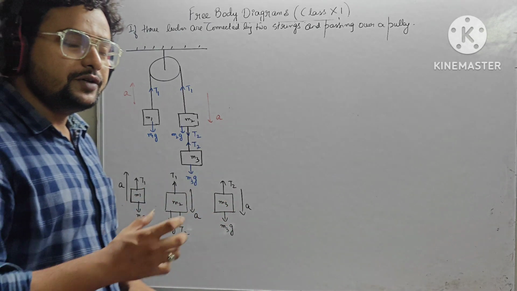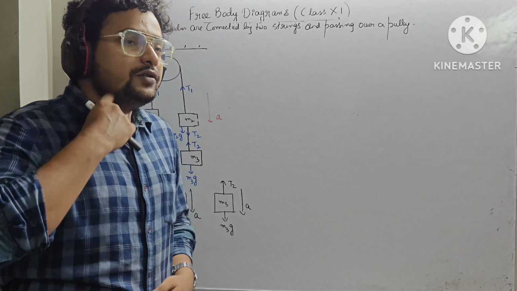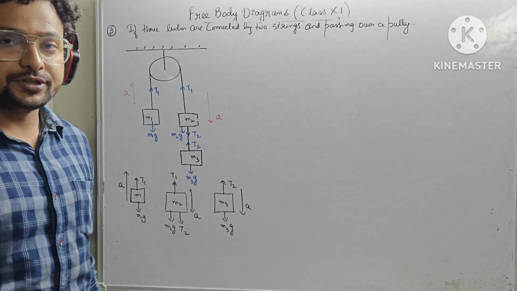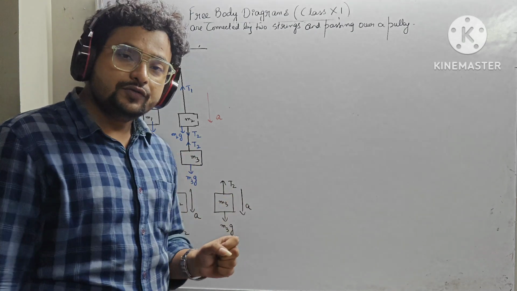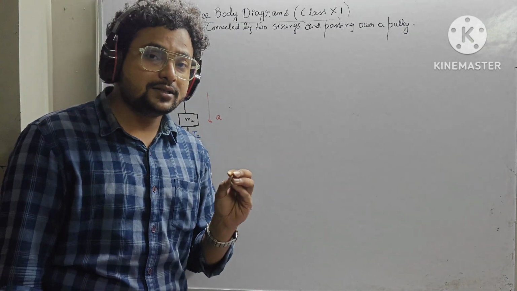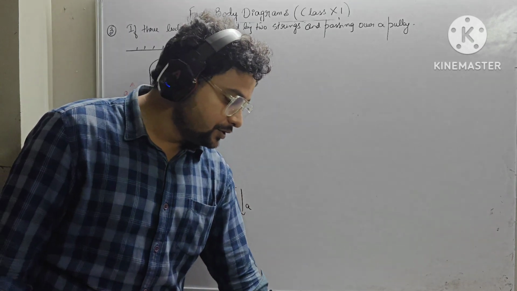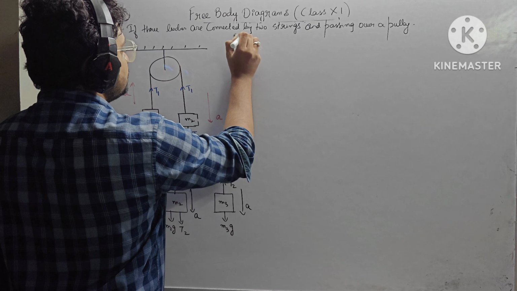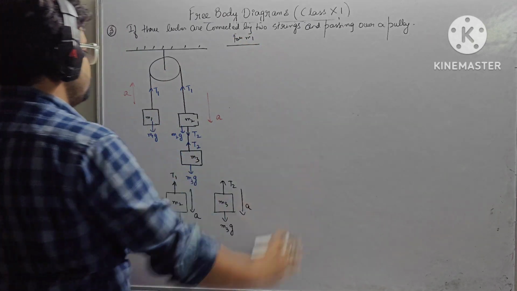Always, students, whenever you are getting something complicated, always try to draw the body separately and mark the forces. Okay. Now we are going to find out the equations, and then we are going to find out the acceleration. Our main task is to find out the acceleration. Okay. So for M1, first we are going for M1.